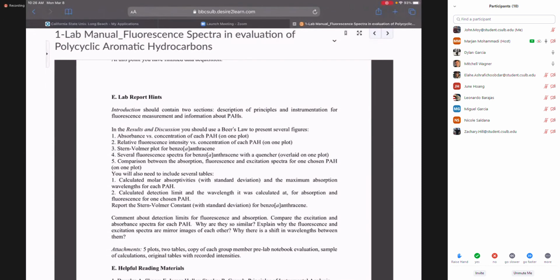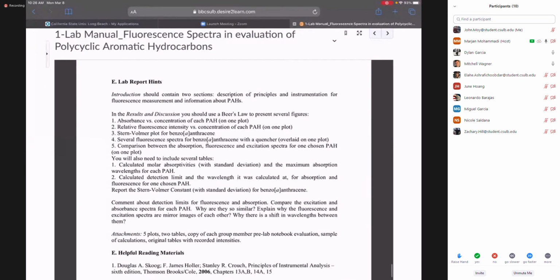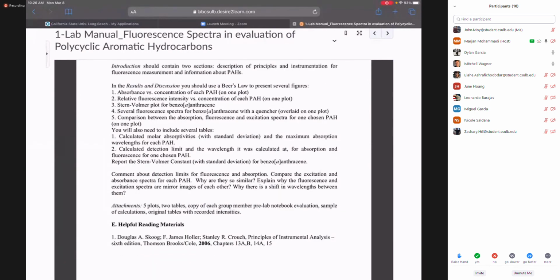Fluorescence intensity versus concentration for all PAHs. Clear? Correct. Quencher for just benzoanthracene. And then where is the excitation?